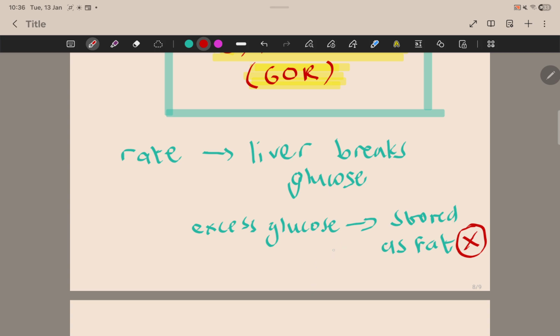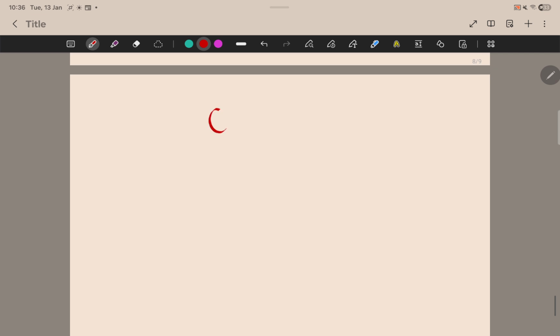If you give too much glucose, it will cause major issues such as fatty liver disease. We don't want that. So we have to calculate the glucose oxidation rate and try not to exceed the amounts given.